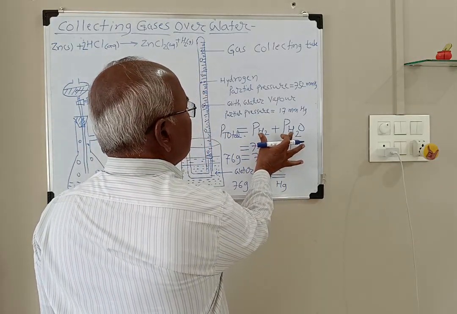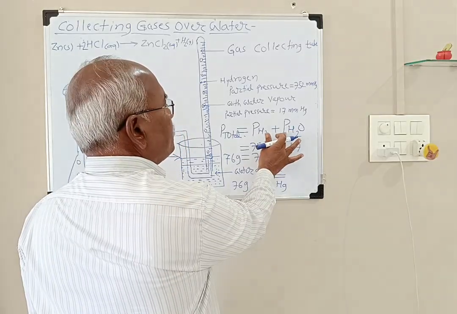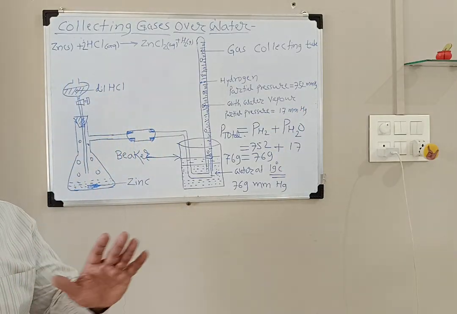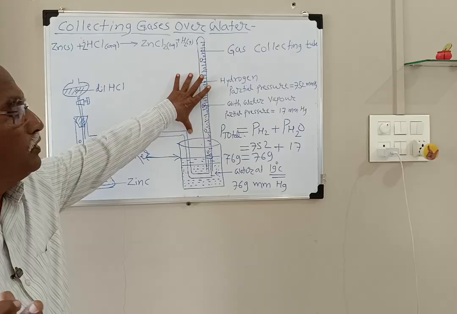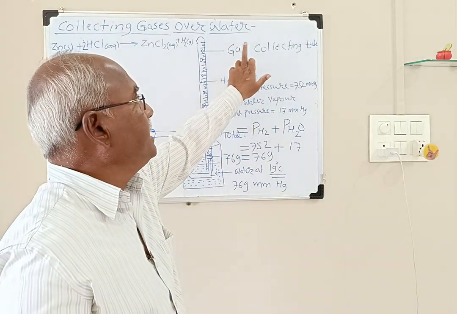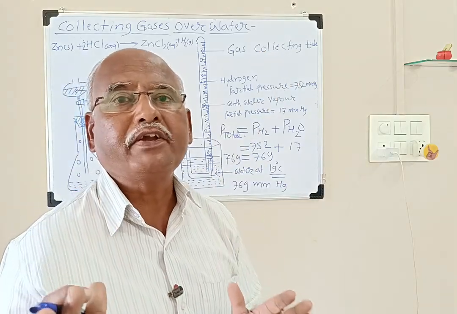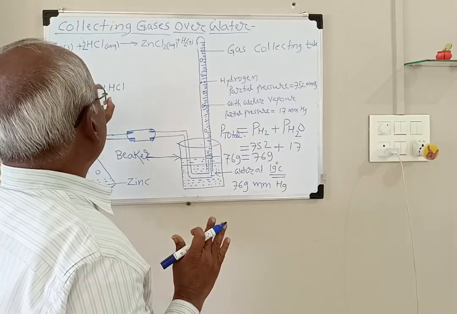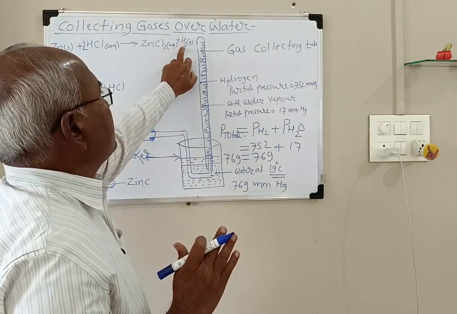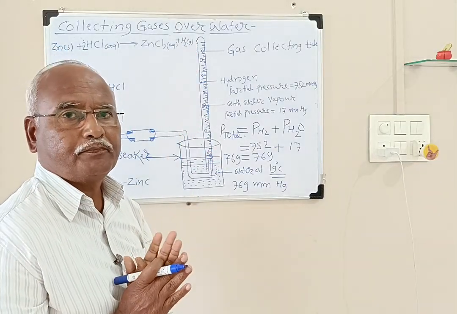So this volume of hydrogen which we have measured by using the gas collecting tube is used to calculate number of moles of hydrogen and mass of hydrogen.